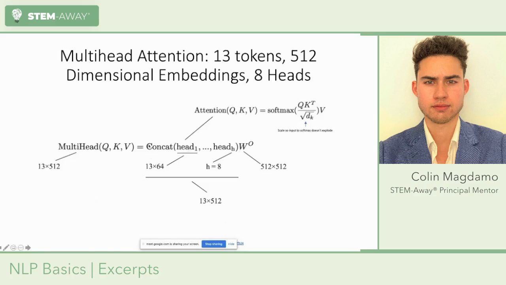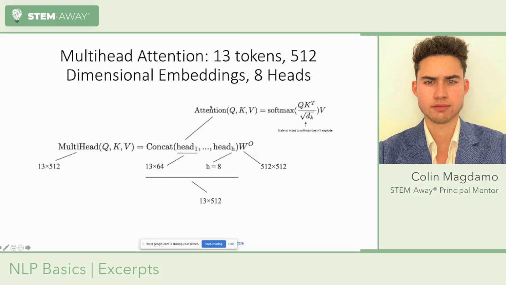And this is going to be the product of the concatenation of each attention head and that final W0 weight matrix. Head 1 is going to be of dimension 13 by 64, because again we have 13 tokens, and we've split our 512 dimensions into 8 different heads. So we have 64 dimensions per head.